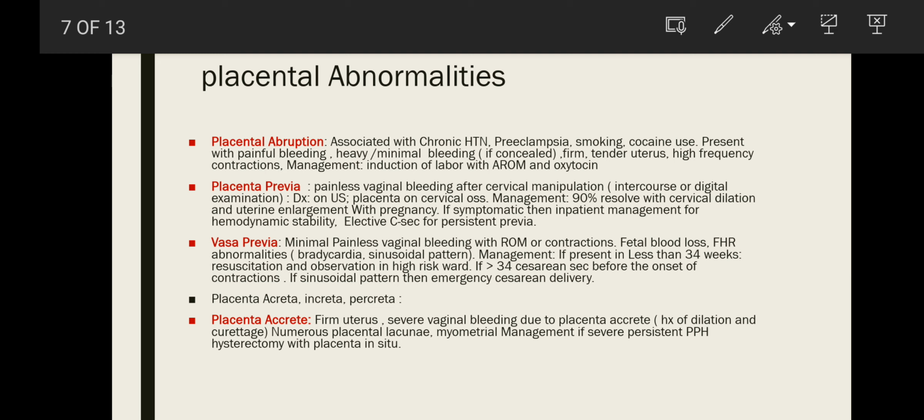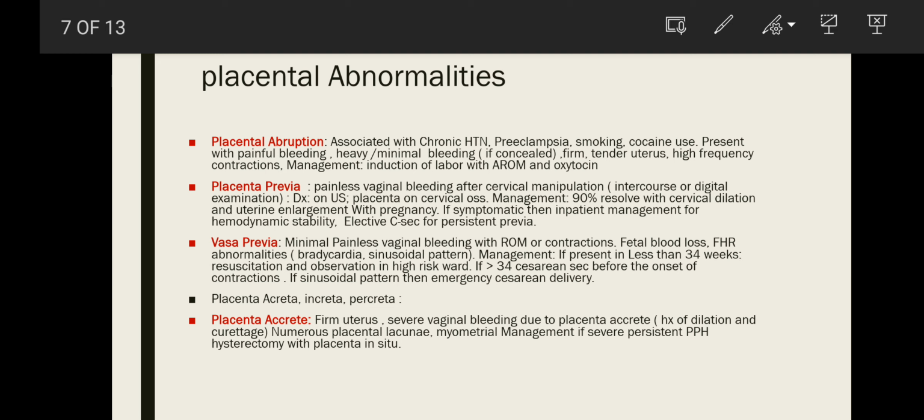Other conditions like placenta accreta, increta, and percreta, in which endometrium invades myometrium, occur at the scar site in previous cesarean section or in dilation and curettage. Basically, there is already a scar present, and at that place the endometrium invades into the myometrium.